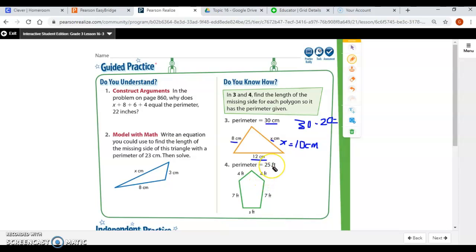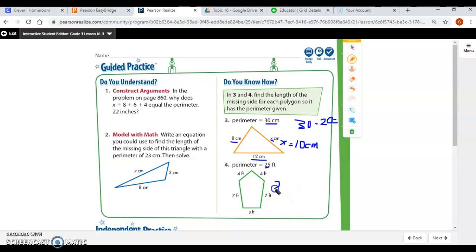All right, look at this one. It tells us the perimeter is 25. And it gives us these sides, and we have to find S. So 7 plus 7 is 14. 14 plus 4 is 18, and 18 plus 4 is 22.